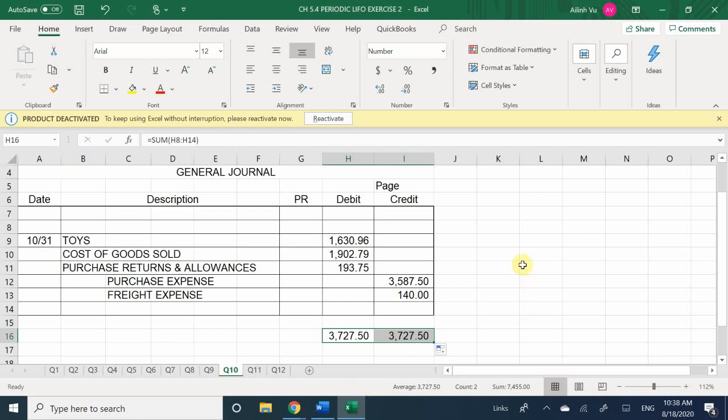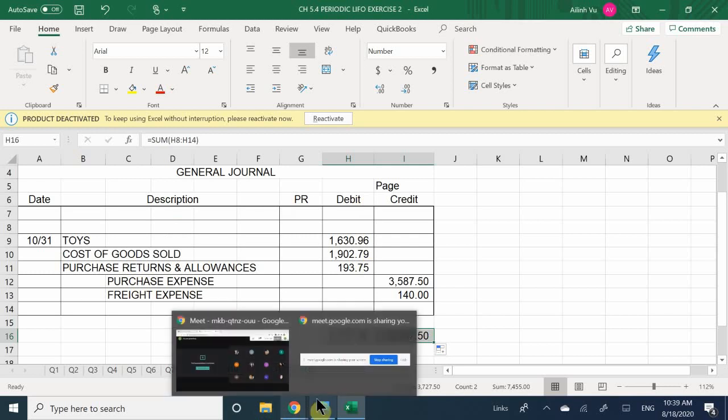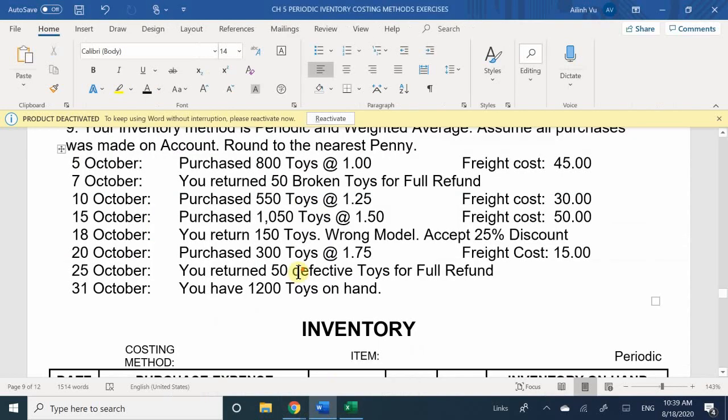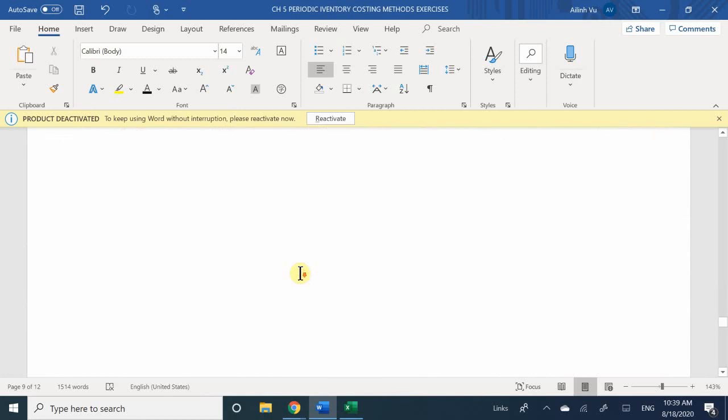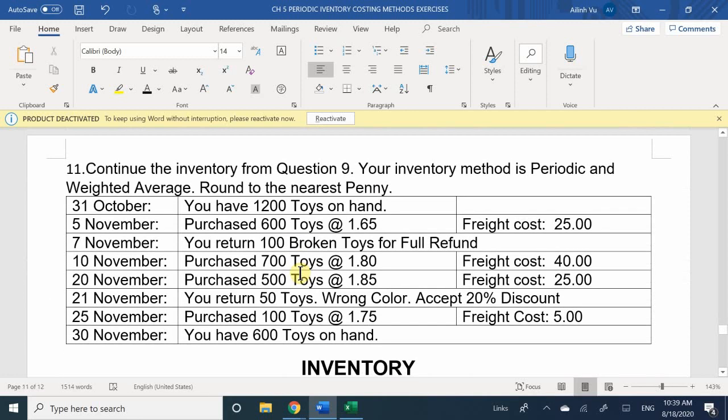Yay. All right. Now we're going to do our last problem, which is going to continue the last scenario. This is the last part of this exercise. So let's go ahead and get started. Number 11. Continue the inventory from question 9.